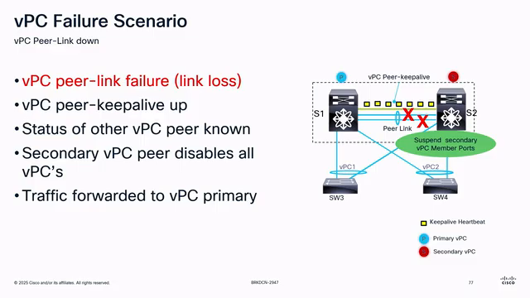In this case, the secondary will take a drastic action and shut down its VPC ports so that traffic doesn't continue to flow through it, because there is no connection for me to configure or send control plane traffic across. The BPDUs continue to flow towards the active with no problem. I don't have to do anything. There is really no change here, it's just detection. There's an alarm, so you can go fix the peer link and bring the system back, and then you have complete VPC back up and running.